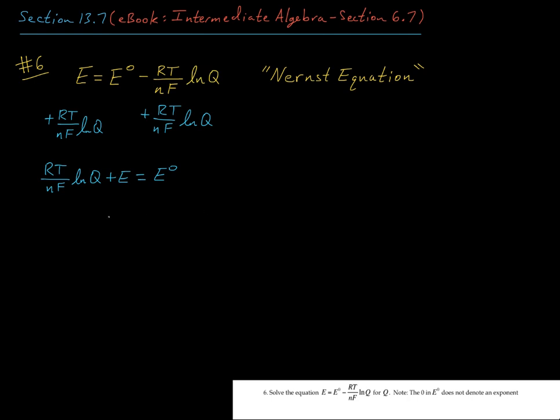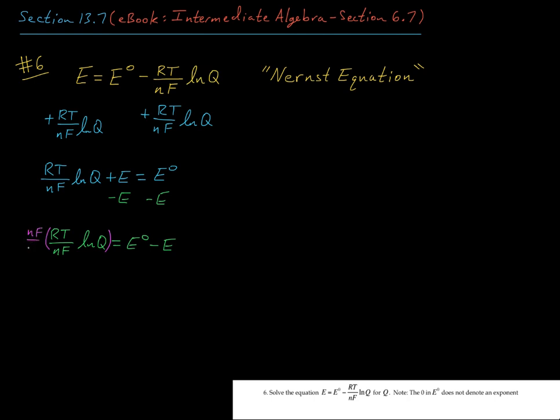All right, so now let's go ahead and subtract E from both sides. And so that's going to give us RT over NF times the natural log of Q, and that's equal to E0 minus E. All right, so now to get the natural log of Q on its own, I could divide both sides by RT over NF, or equivalently, I could multiply by the reciprocal of this fraction.